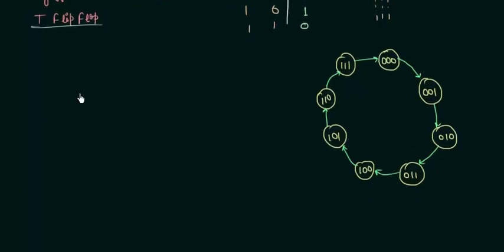The first column of the circuit excitation table is the present state, and the present state is given by the 3 outputs, that is QC, QB, and QA. Then the next column will give us the next state, QC plus, QB plus, QA plus, and then we have the flip-flop inputs, TC, TB, and TA.